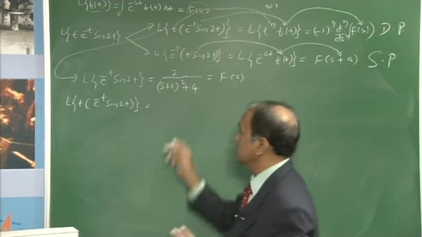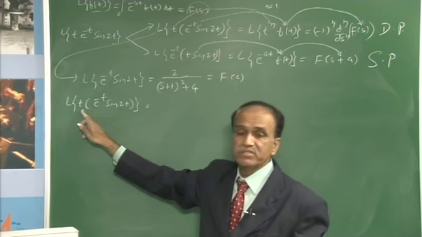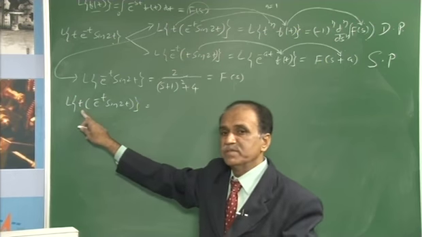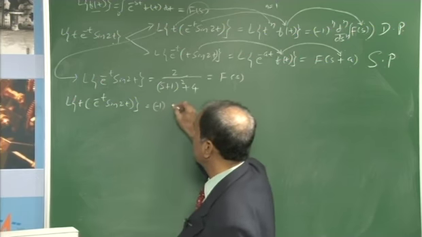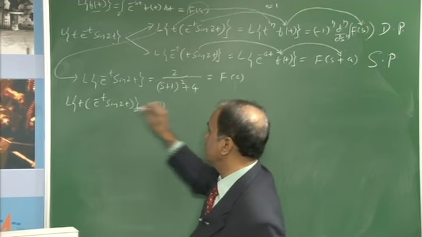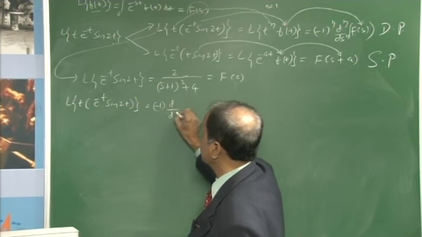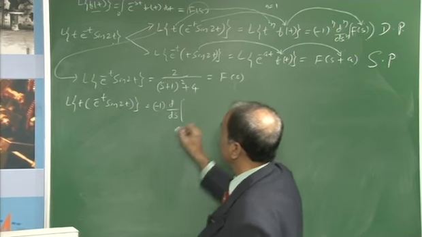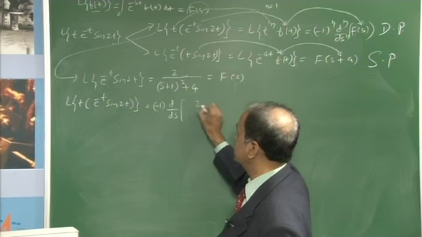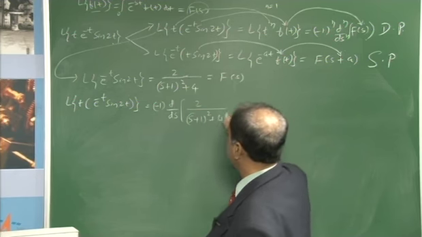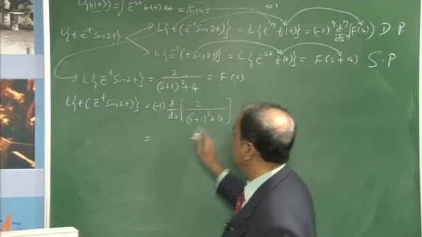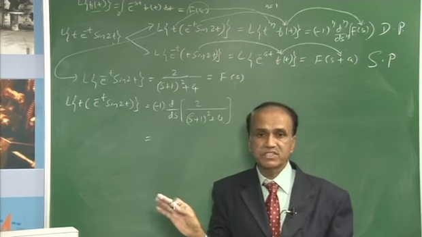Because the algebraic term is multiplied, I have to go for the derivative property. Therefore minus 1 to the power n, here n is equal to 1, and you are supposed to differentiate only once. The term to differentiate is 2 divided by s plus 1 whole square plus 4. Then performing this differentiation is sufficient.